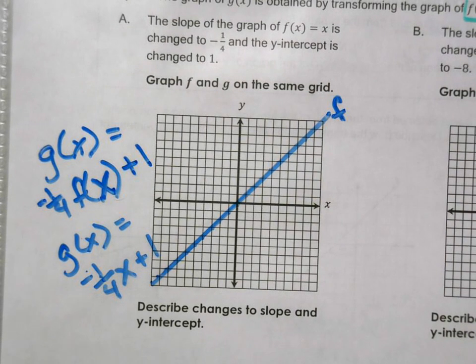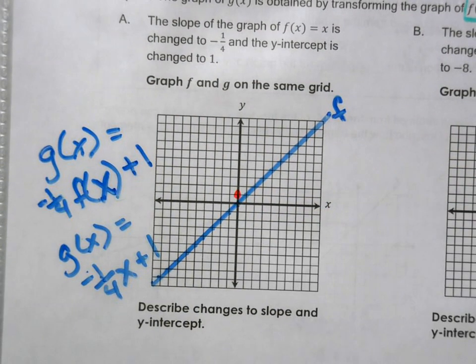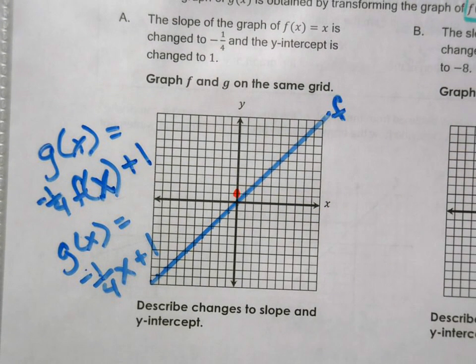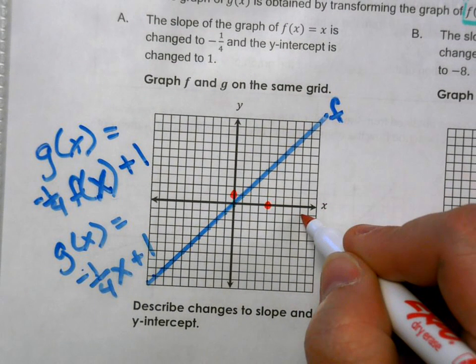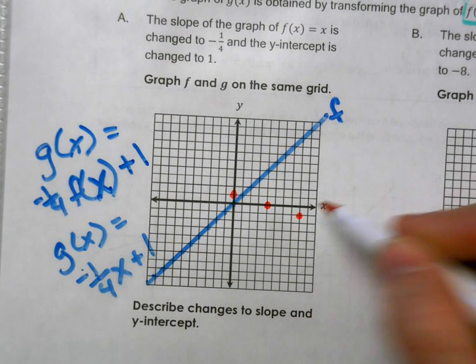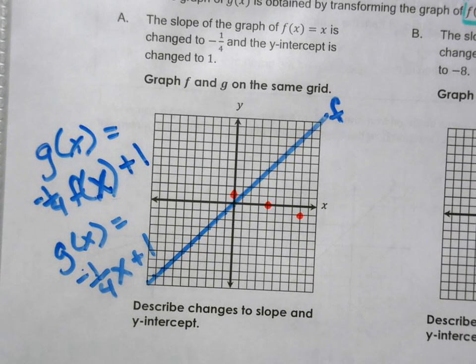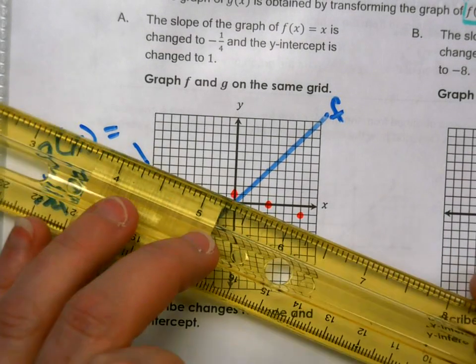So where am I going to start at? At 1. Okay, and then what? Down 1 over 4. There's enough dots.